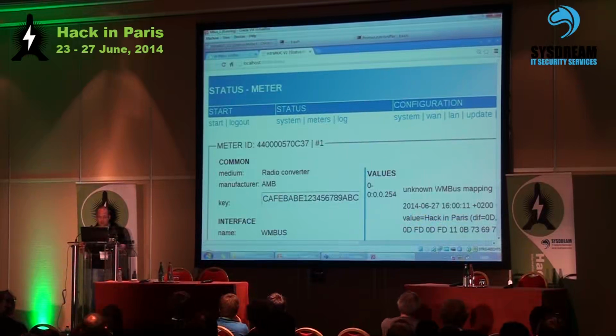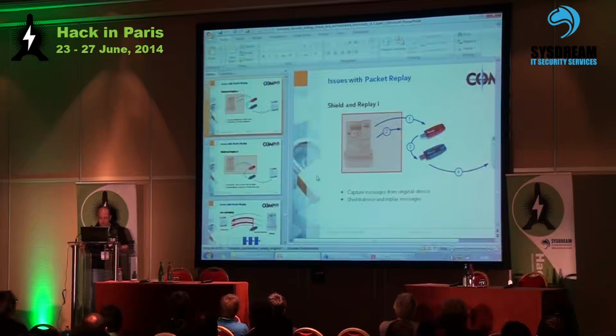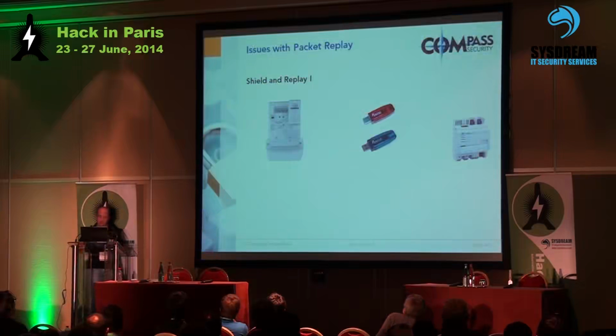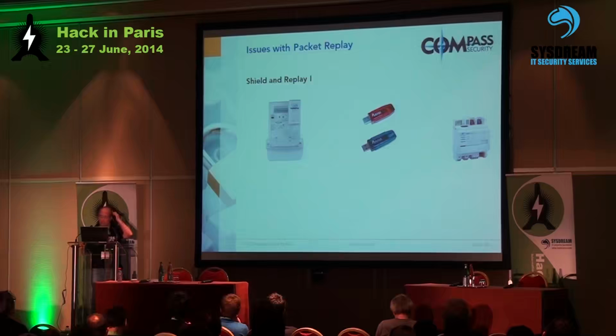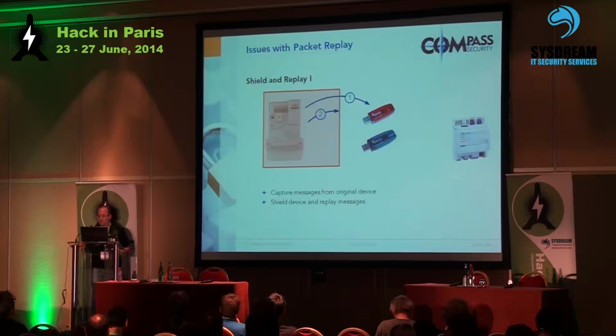But you maybe recognized I just stopped the meter, because in the real world it's slightly more difficult. When I just send another value, the meter will still send its original value a few seconds after. So what you need to do is basically capture a packet, then somehow either shield the meter or take a big hammer and break it, and then repeat it.